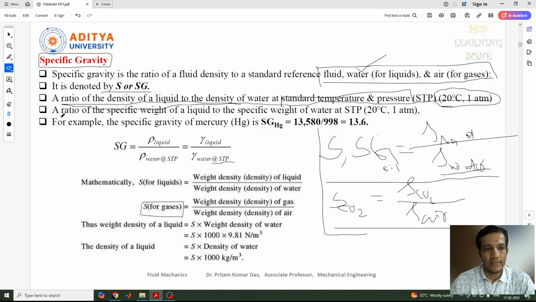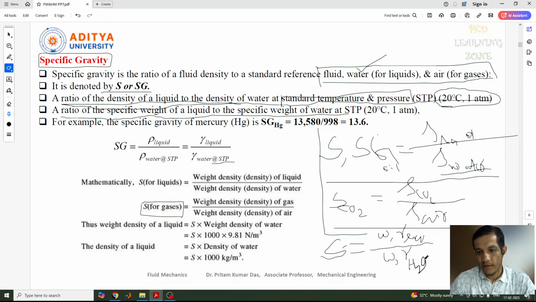Another definition says that it is the ratio of the specific weight of the liquid to the specific weight of water. So specific gravity equals the specific weight, small w or gamma, of any liquid divided by the standard specific weight, w or gamma, of water.